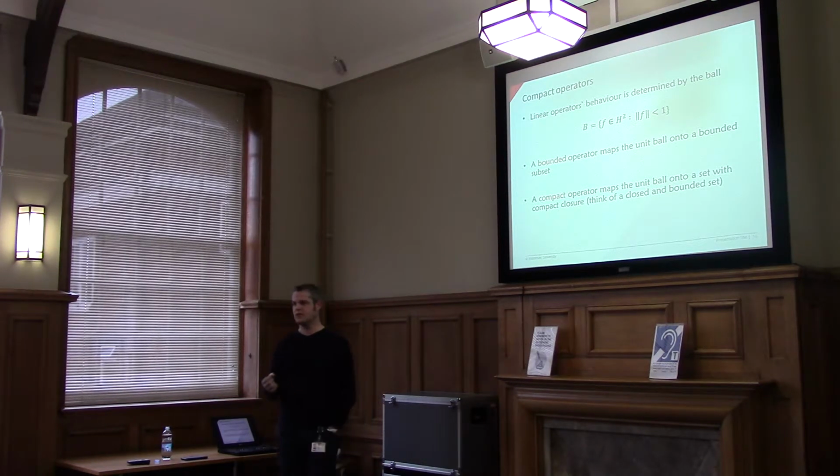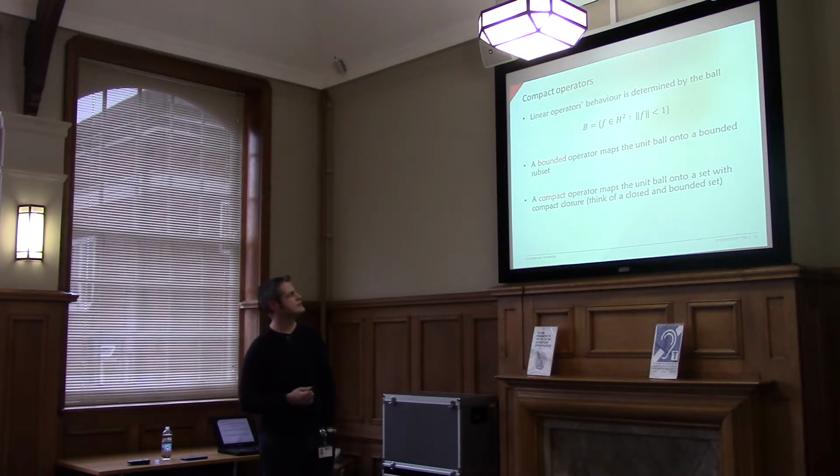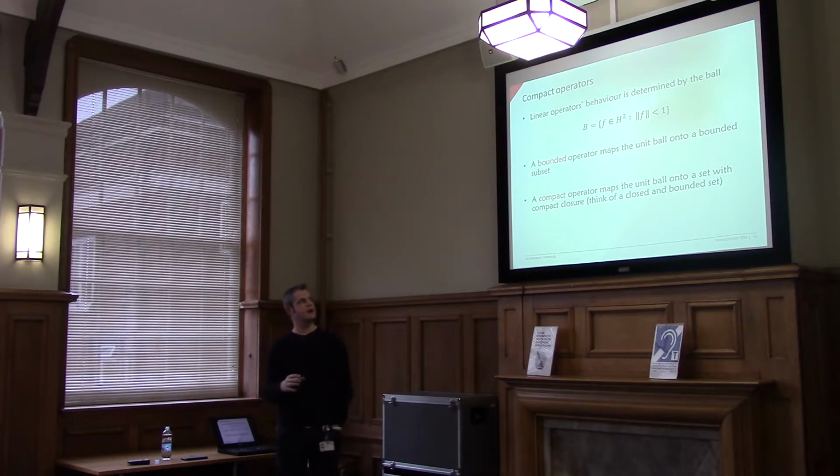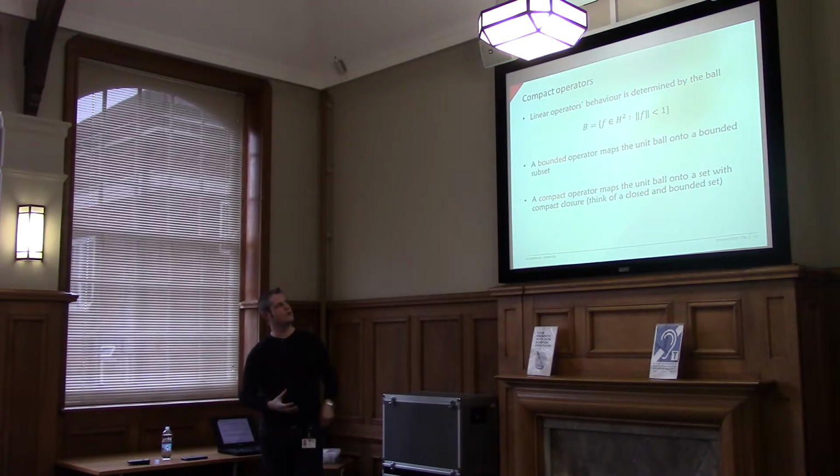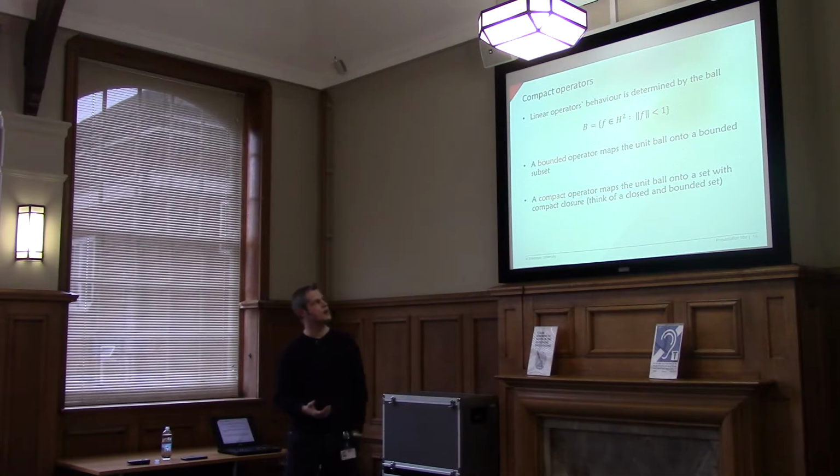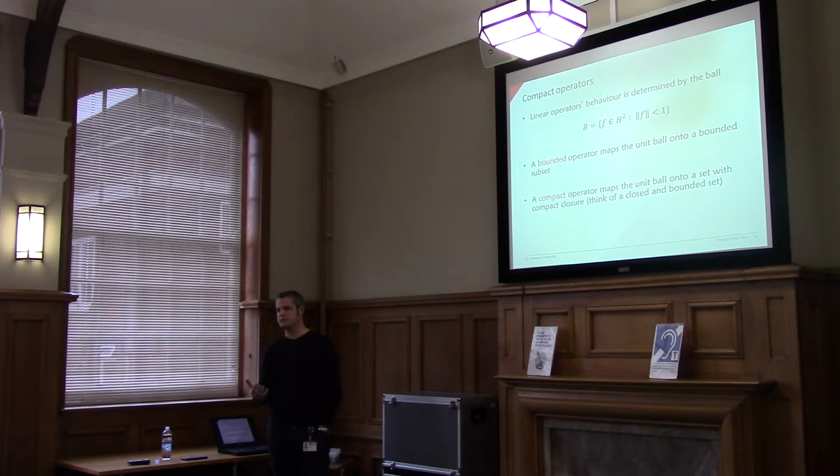So, just to explain what a compact operator is: think about the Hardy space, that space of functions, and think about having the unit ball and where that is mapped by your operator. A bounded operator is one where the unit ball is mapped to another bounded set.